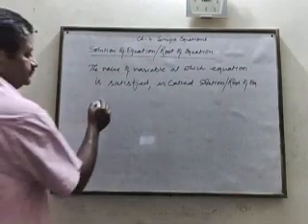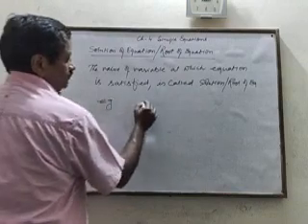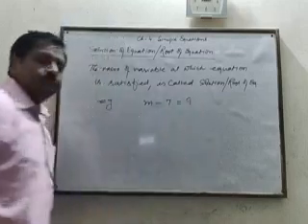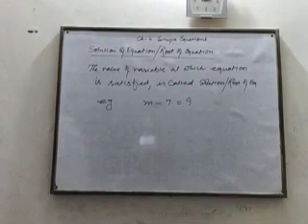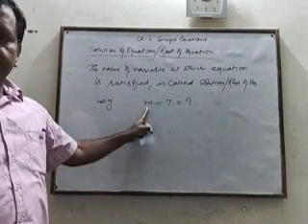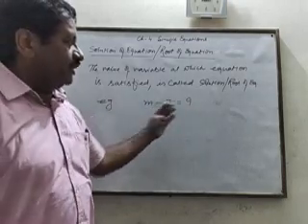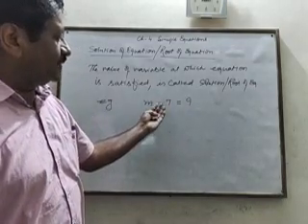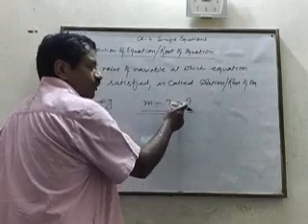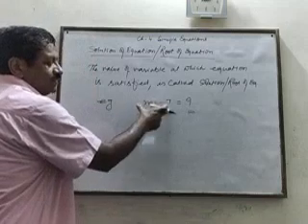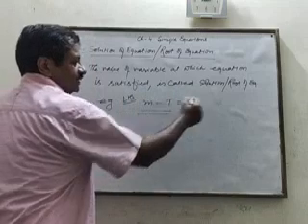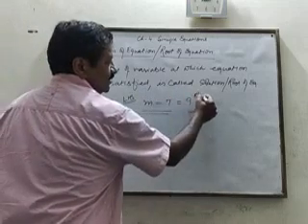For example, m minus 7 equal to 9. You can see that if I put 16 at the place of m, my equation will be satisfied. Equation satisfied means that the left hand side is equal to the right hand side. Before this equal to sign is our left hand side, and this is our right hand side.